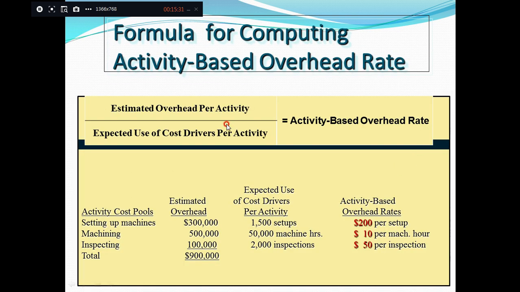Then we have the activity-based overhead rate, using this simple formula: estimated overhead per activity divided by expected use of cost drivers per activity.